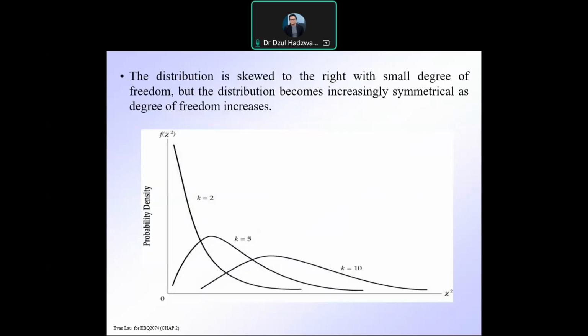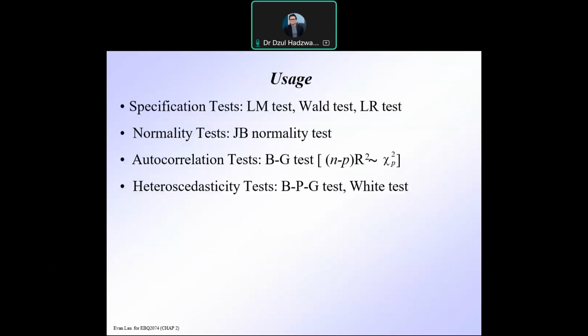Okay, we will discuss further. Another type of test to ensure our estimation, assumption or prediction is correct or not, we need to do some tests, like normality test, autocorrelation test, heterogeneity test. This one we will discuss further in the next chapter.